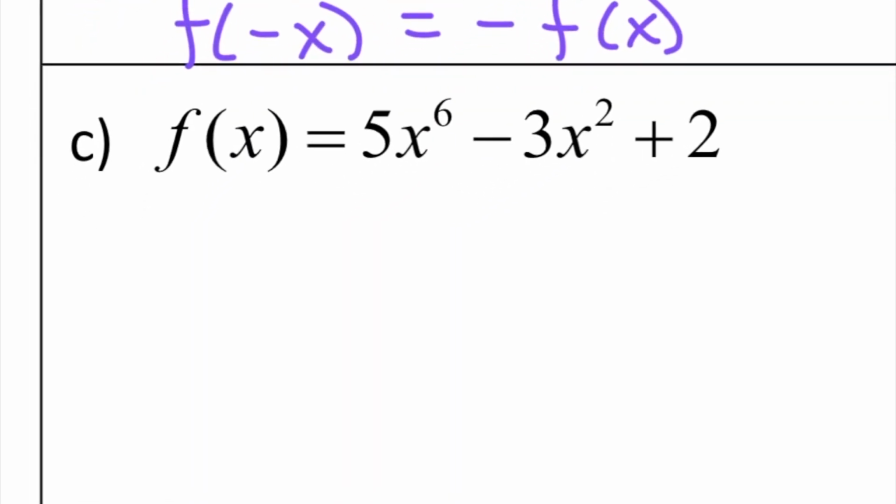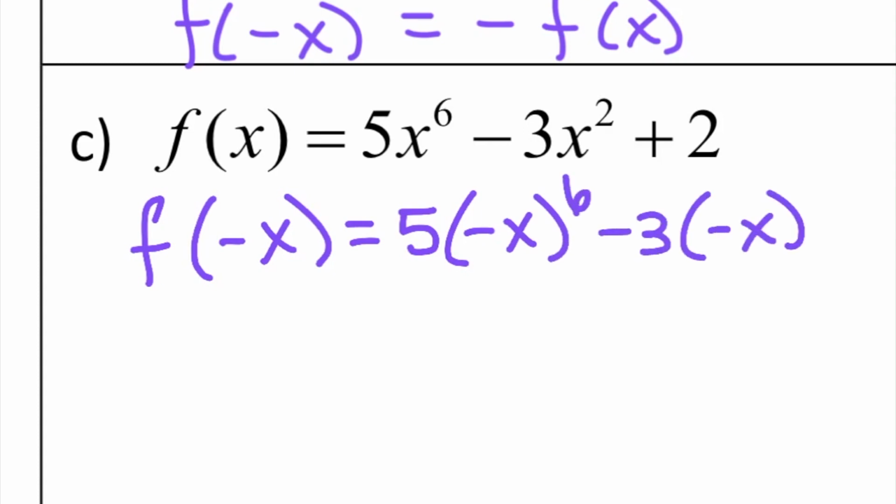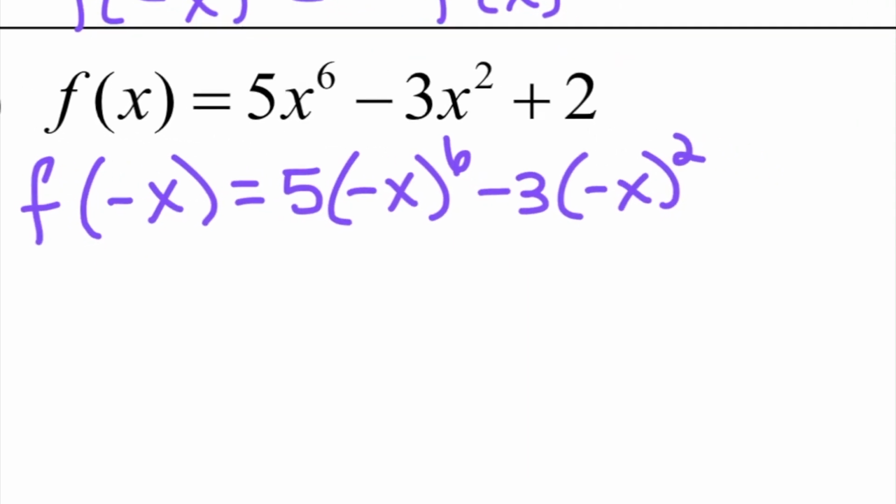In this next example, I'll compute f of negative x equals 5 times parentheses negative x to the 6th minus 3 parentheses negative x squared, and then plus 2.